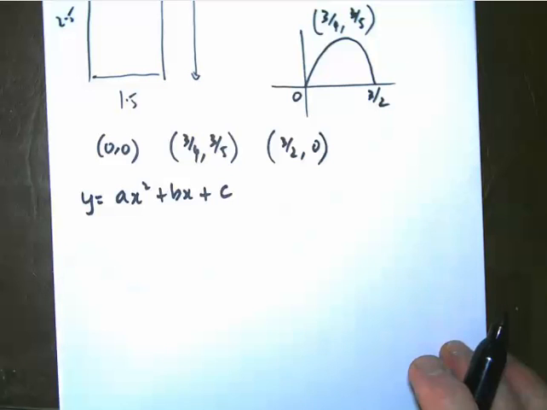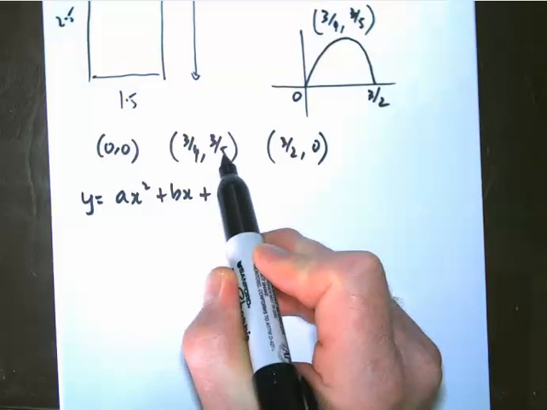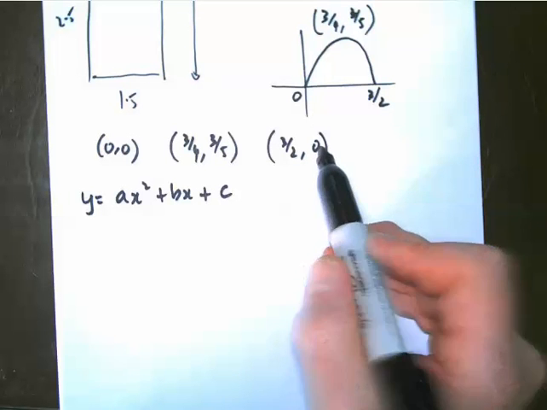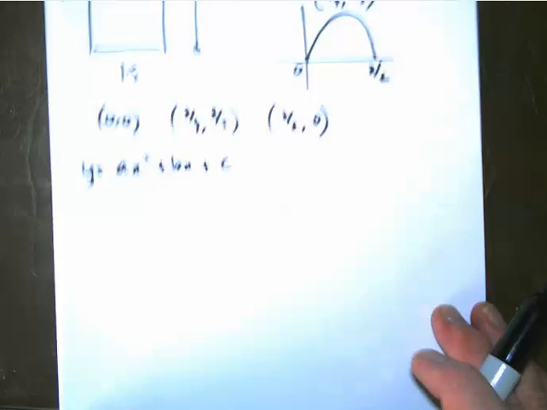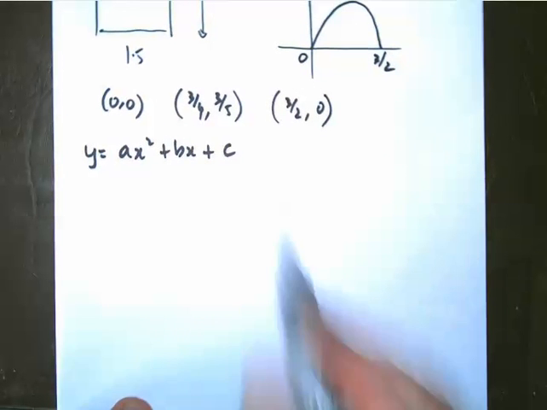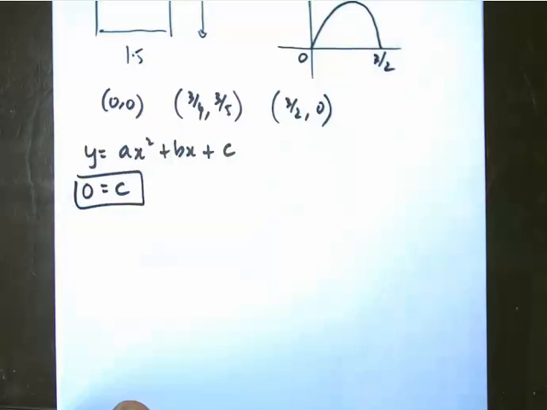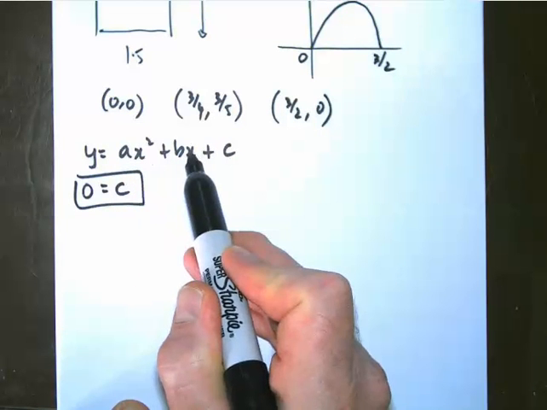Okay, so that gives us 3 coordinates: 0, 0; 3/4, 3/5; and 3 halves, 0. I'll plug each of them into the general form and come up with 3 equations and 3 unknowns and solve them. So putting in 0, 0 equals c. Straight away I know that c equals 0, because when x equals 0, this term and this term don't exist.